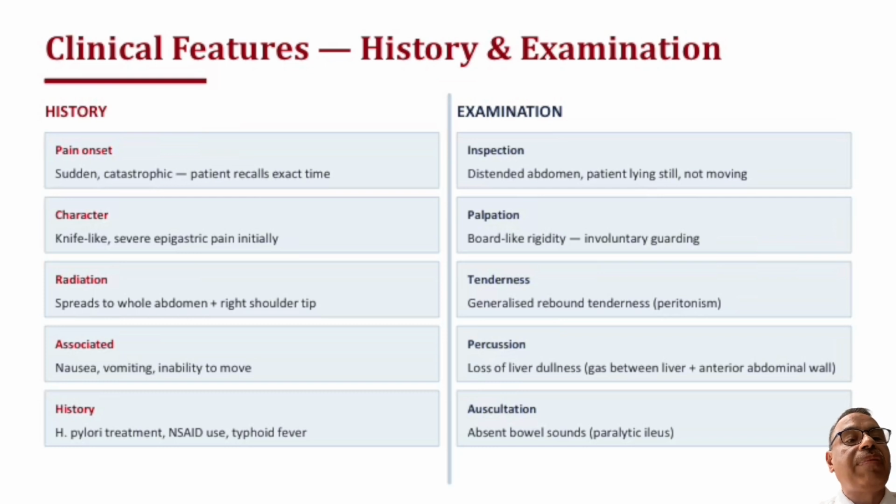Rebound tenderness may be present, generalized, because of the inflammation of the parietal peritoneum. If you percuss, there would be loss of liver dullness because the gas would occur between the liver and the anterior abdominal wall, and this is commonly seen on percussion. And if you auscultate, as we have already discussed, because of paralytic ileus, the bowel sounds may be absent, or in the initial stages it may be sluggish.